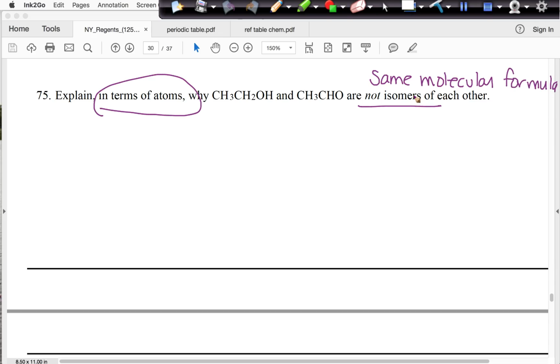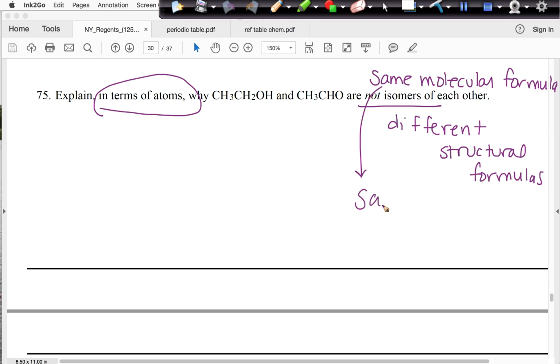So isomers have to have the same molecular formula, but different structural formulas. Same molecular formula means the same numbers and types of atoms.